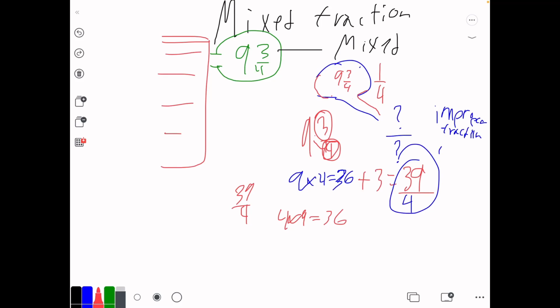That's too high. You can only go too low. You can go the highest low or something. So you have 36. So you have to put 9 as your whole number. And how much more do you need? It would be 3. Because 36 plus 3 is 39. And then you just put your denominator. And now it's just back into 9 and 3/4.